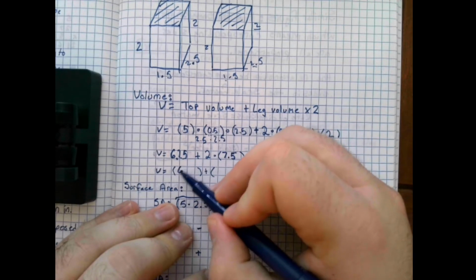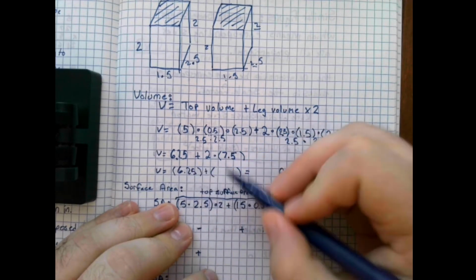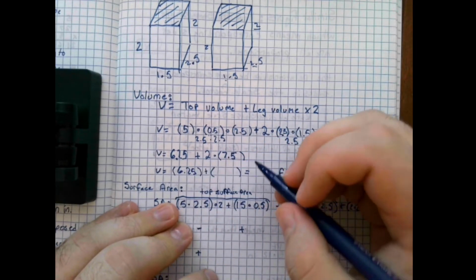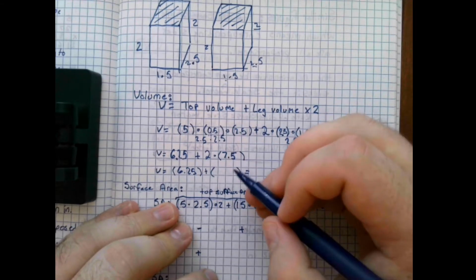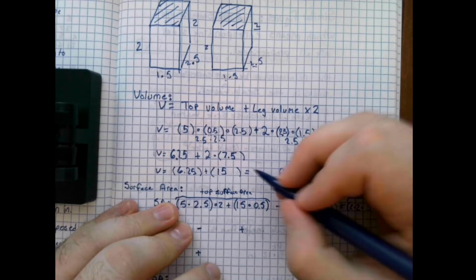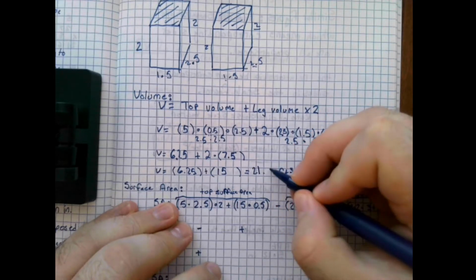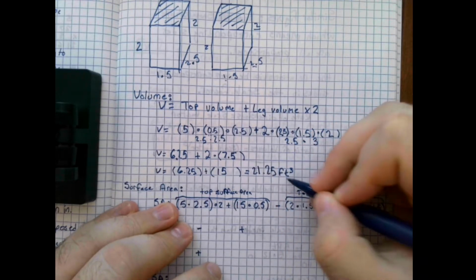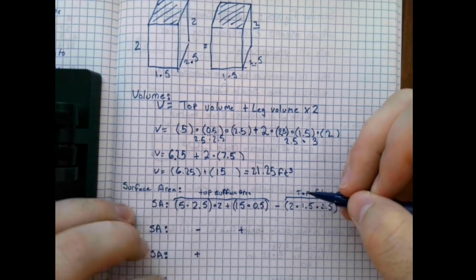This will give us 6.25 plus 2 times 7.5. 2 times 7.5 is 15, which will give us a final answer of 21.25 cubic feet for our volume.